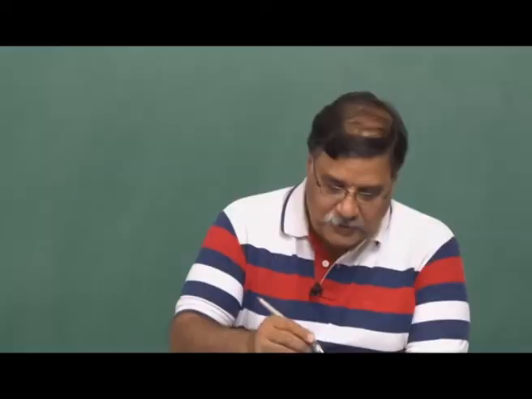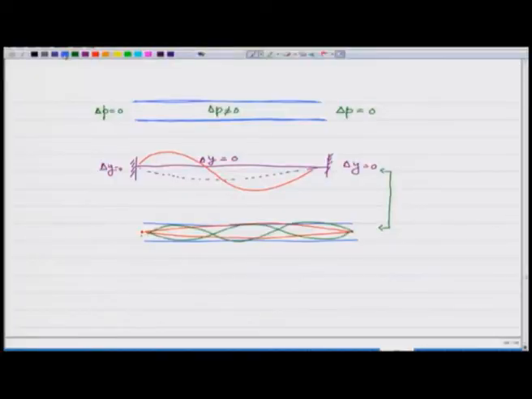Now, how do we deduce that? Recall that in the case of the pipe, I am going to write delta p, which would be described by, depending on how I choose my coordinates.